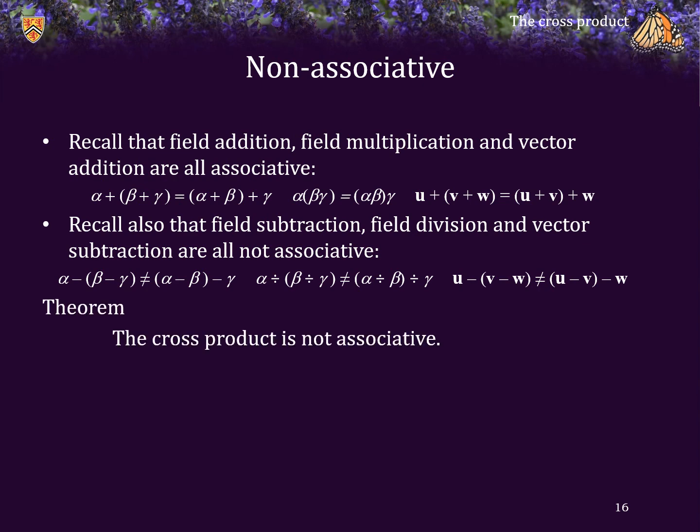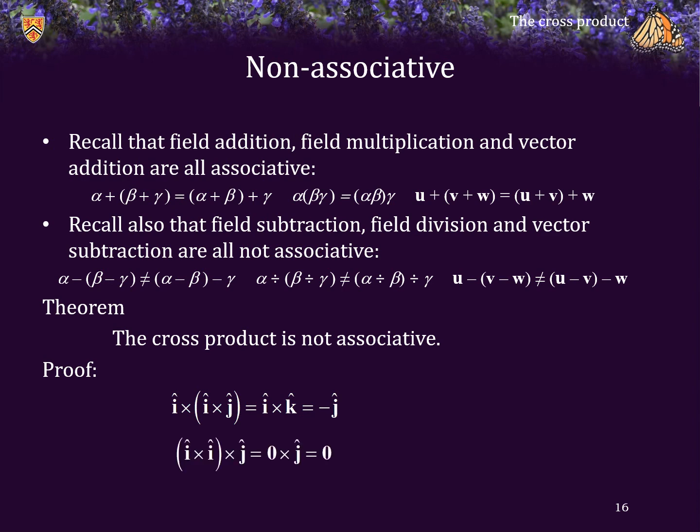Claim. The cross product is not associative. We don't have to prove this in general. We just have to find one counterexample to show that this is the case. For example, if I take the cross product of i and j, then i cross j is k, and i cross k is -j.